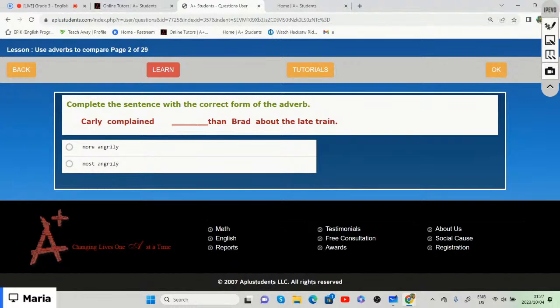So if we're comparing two people, we say more angrily.